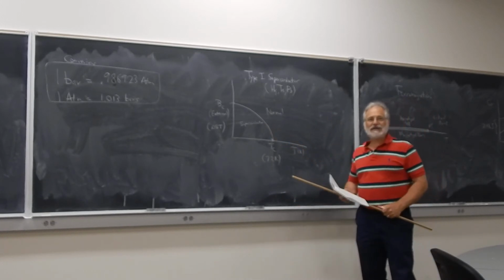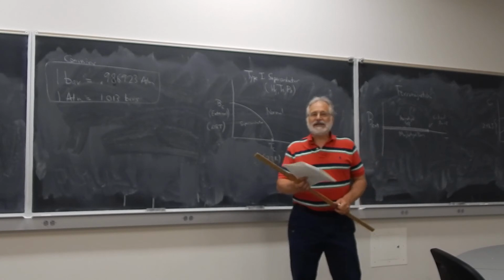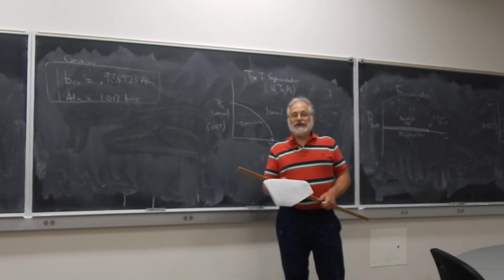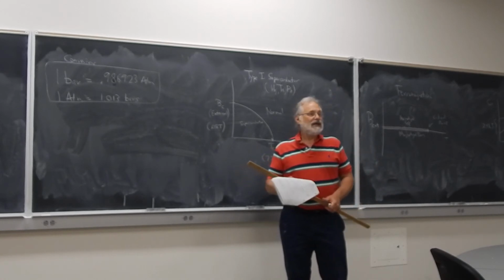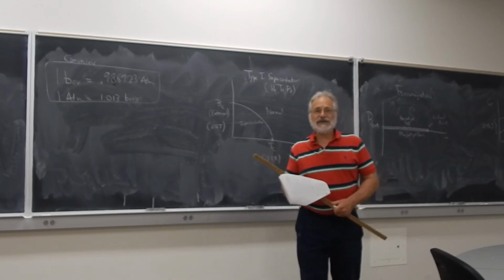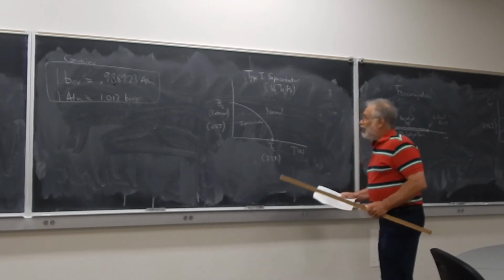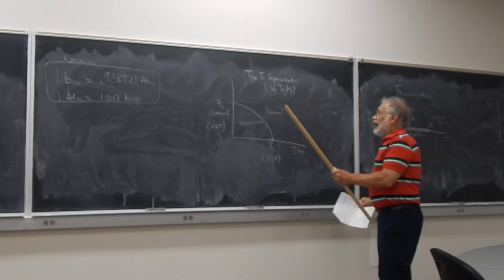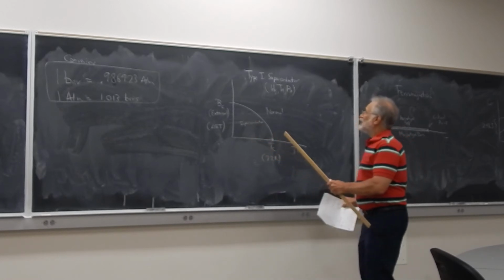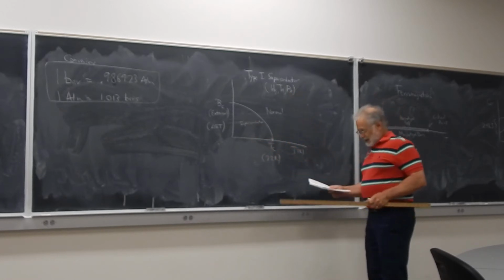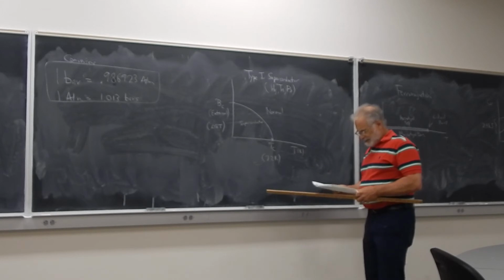Now, a superconductor, as you probably know, is a substance that has zero resistance. So it is a perfect conductor of electricity. Good examples of this type of superconductor would be, as I say, mercury, tin, and lead.